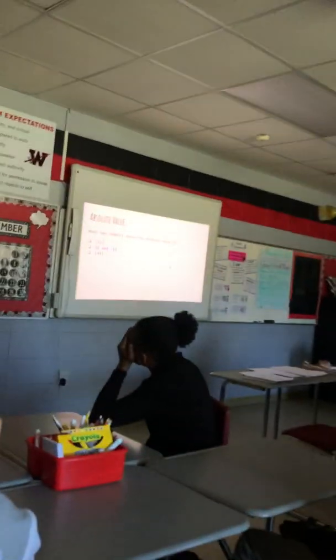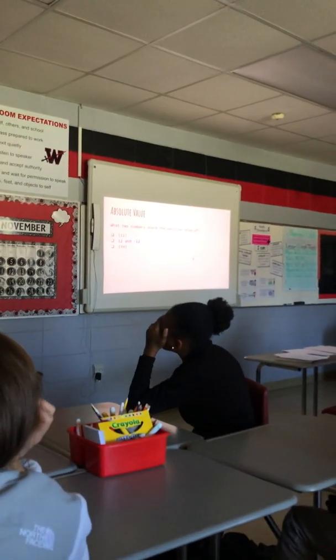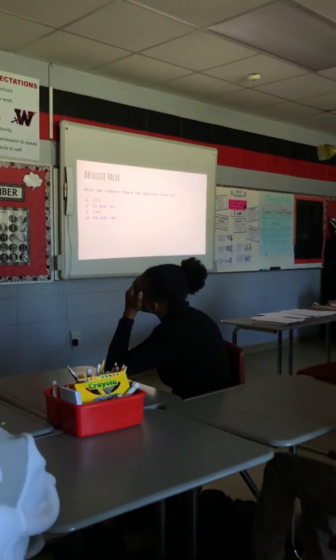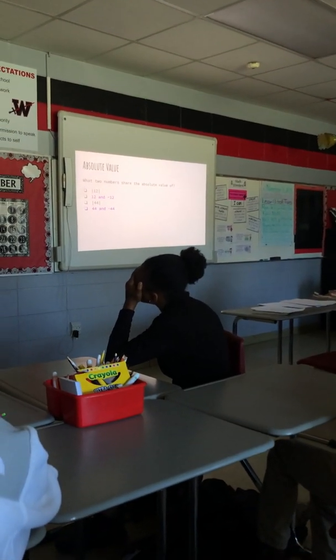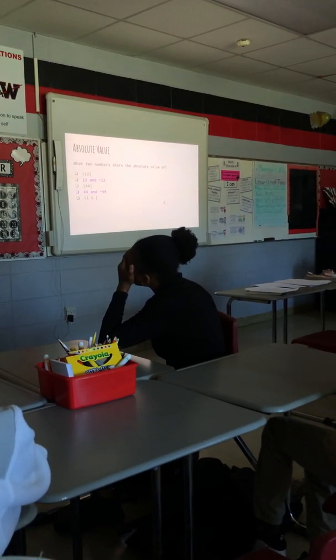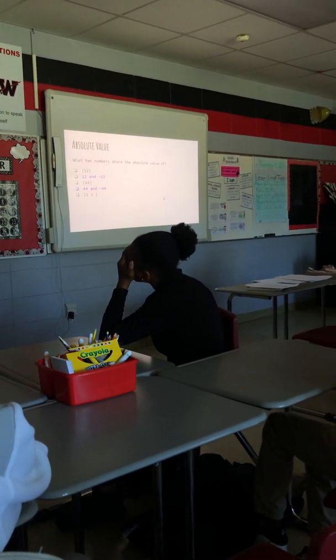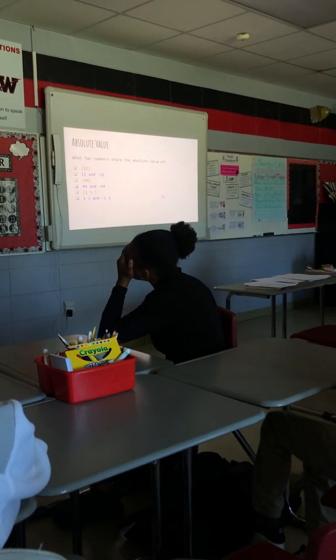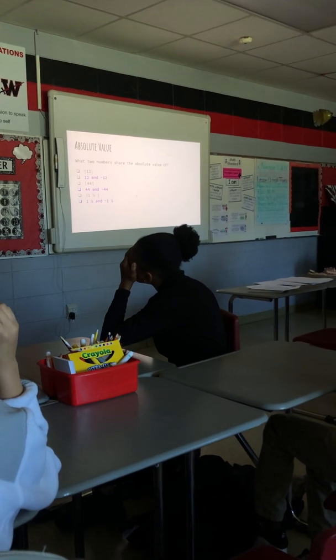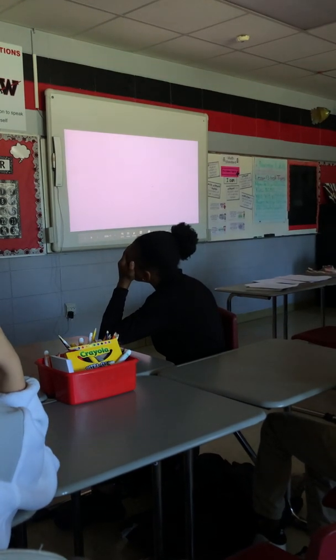What about the absolute value of 44? 44 and negative 44. Are we right? 1.5 and negative 1.5. Alright, so we know that 1.5 and negative 1.5 share the same absolute value.